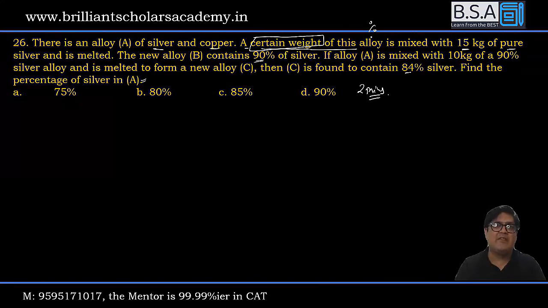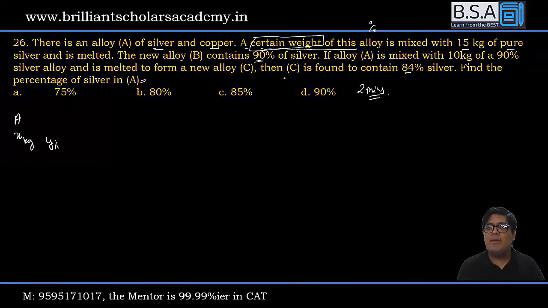There are two missing pieces of information. One, the quantity of A. Two, the percentage of silver in A. But let me paint a picture for you. I'm imagining the quantity is X kilograms. I'm imagining the purity of A is Y percentage.